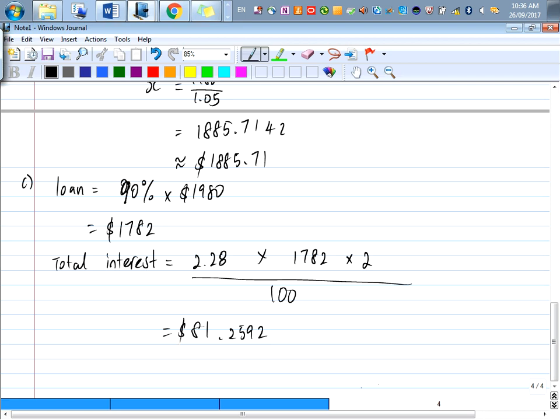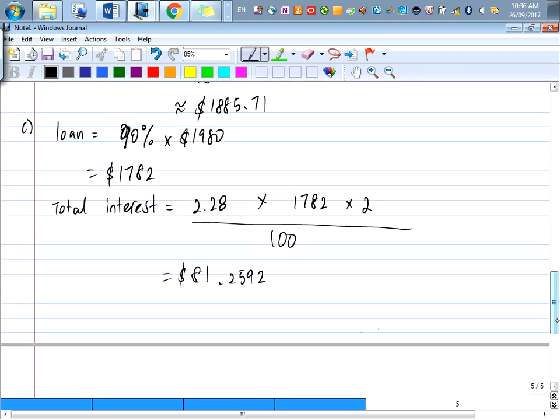I keep as much information as I can. First, I don't want to round off yet. This is the total interest he has to pay for 2 years. We need to add this to the amount that he is loaning, right? Then we divide the final answer by 24 to find out how much he needs to pay per month.